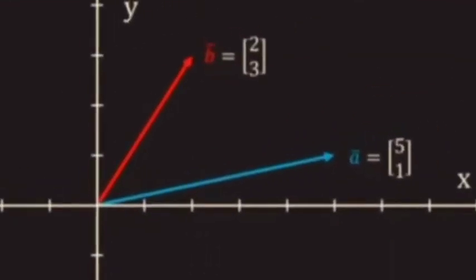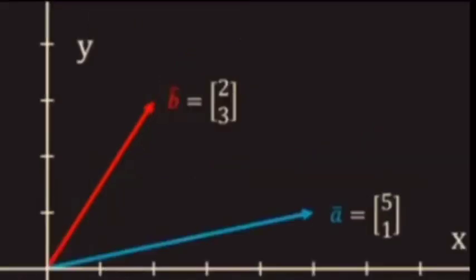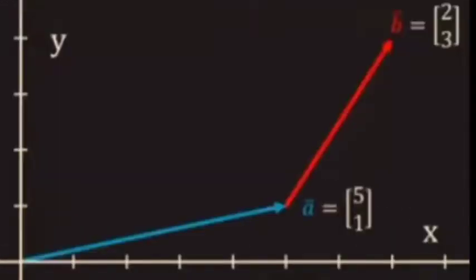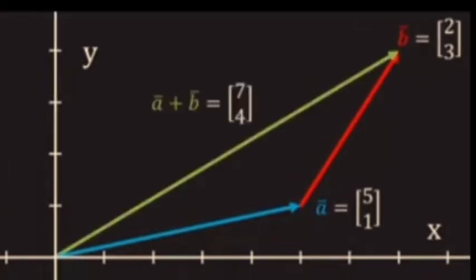So in our coordinate plane, we have vectors A and B. And if we're going to add vector B to vector A, we're going to put the tail of vector B at the head of vector A. So you can see in the illustration, nasa taas na nung head ng vector A yung vector B. And then, from the tail of the original vector, vector A, up to the head of the addend, which is vector B, the sum is (7, 4).